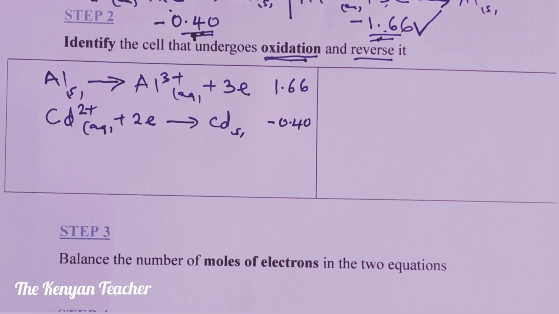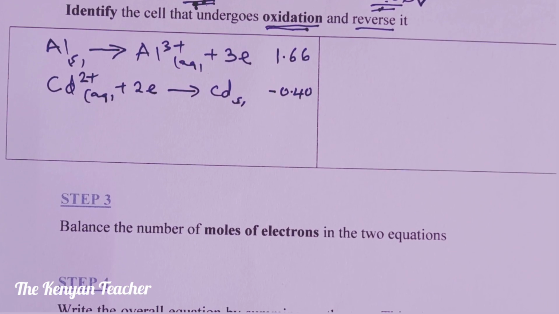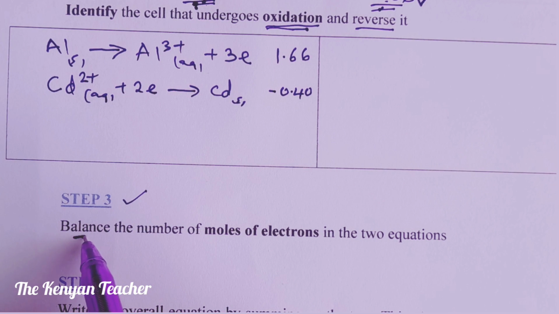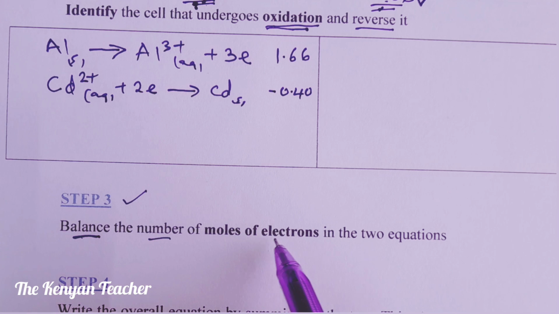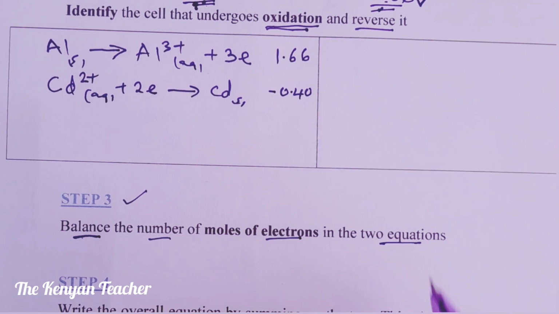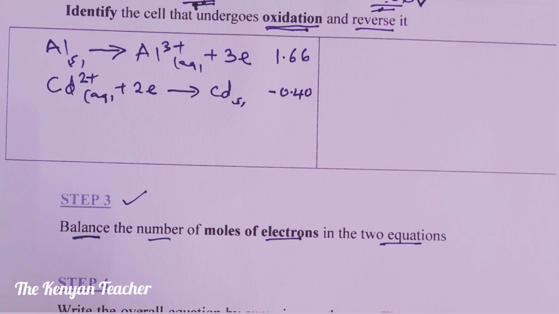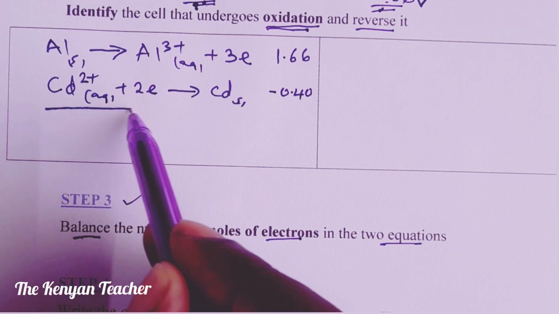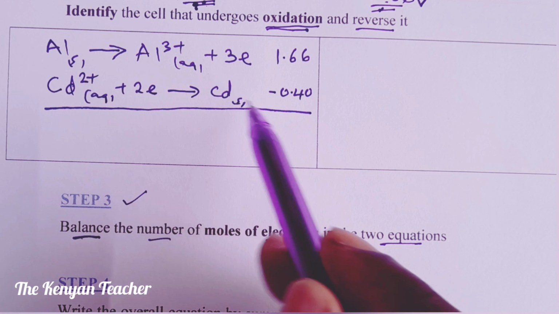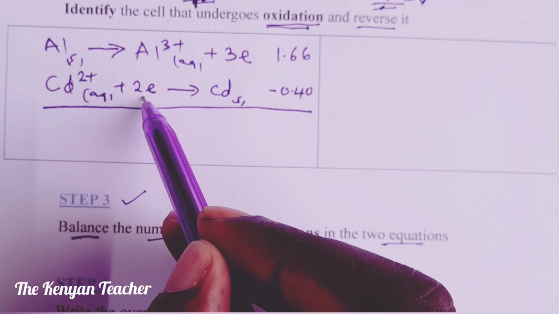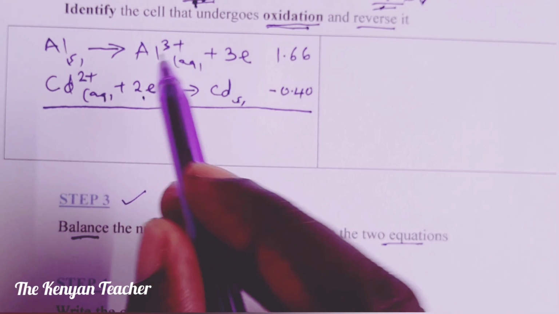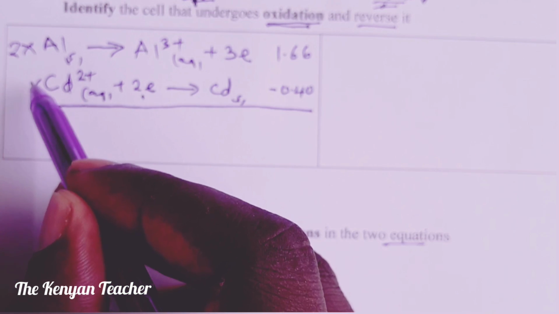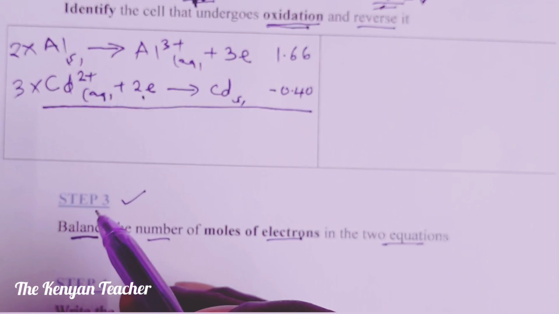Dear learner, we now proceed to our step 3, and what we are required to do is simple: balancing the number of moles of electrons in the two equations. So if we get back, equation 1 involves 3 moles of electrons, while equation 2 involves only 2 moles. So we need to balance them by multiplying equation 1 by 2 and multiplying equation 2 by 3.